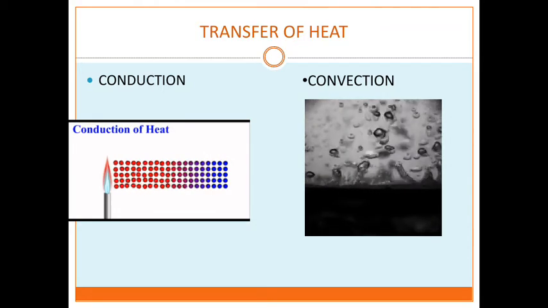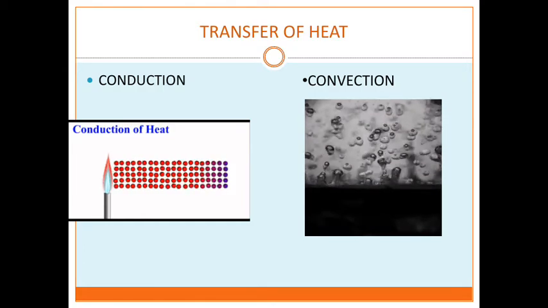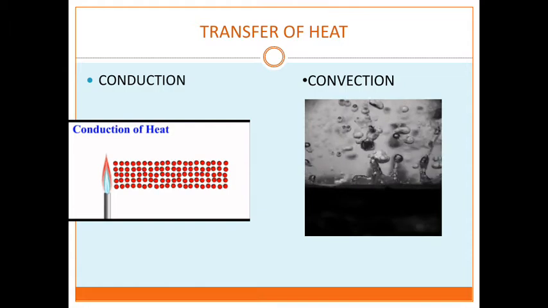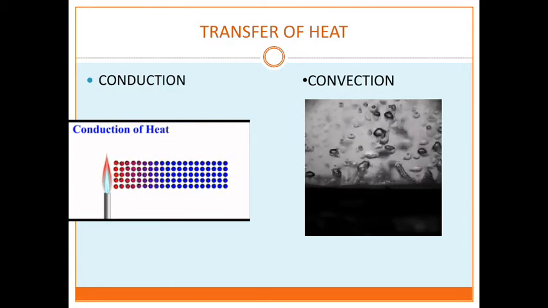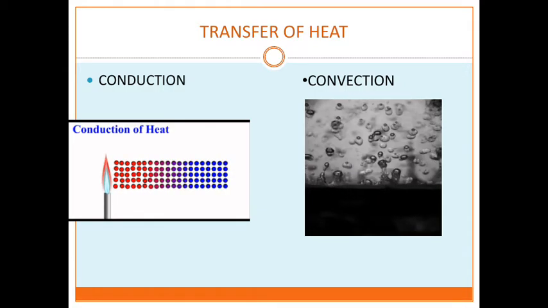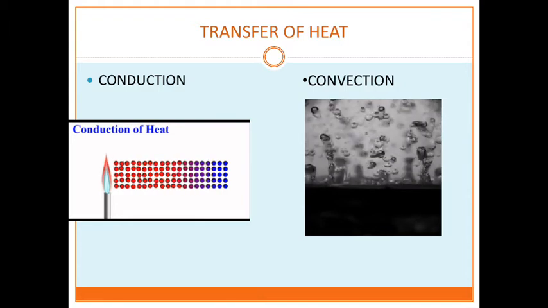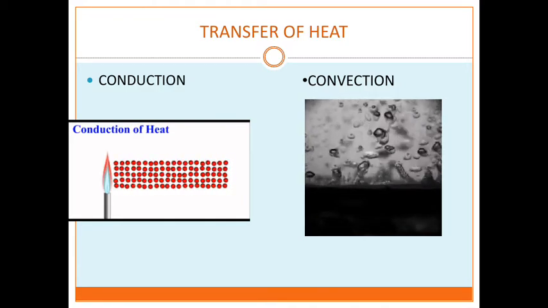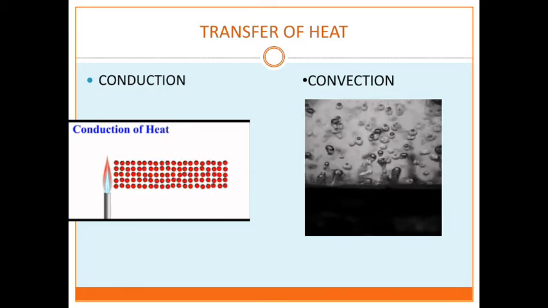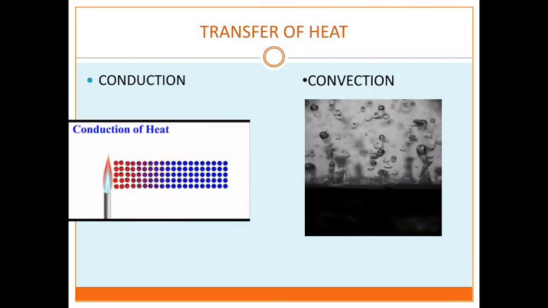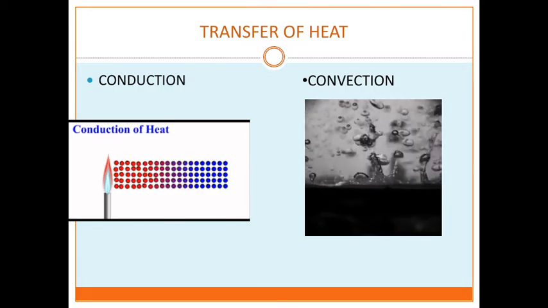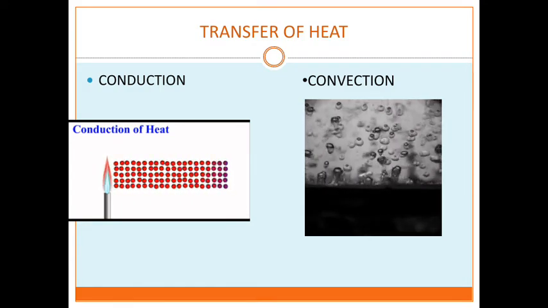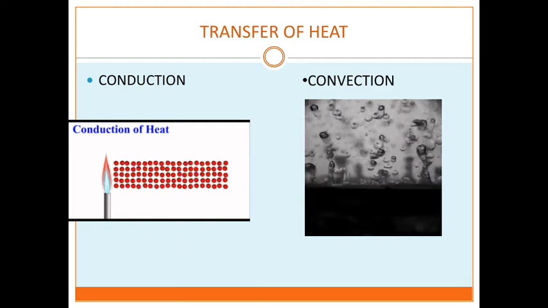In the first picture, this happens in that spoon. The molecules just vibrate. So what is taking place here is heat transferred from higher temperature to lower temperature without the moving of atoms or molecules. The atoms and molecules are just vibrating, not moving.